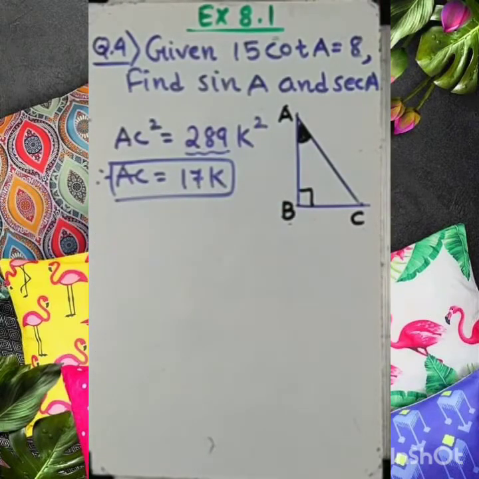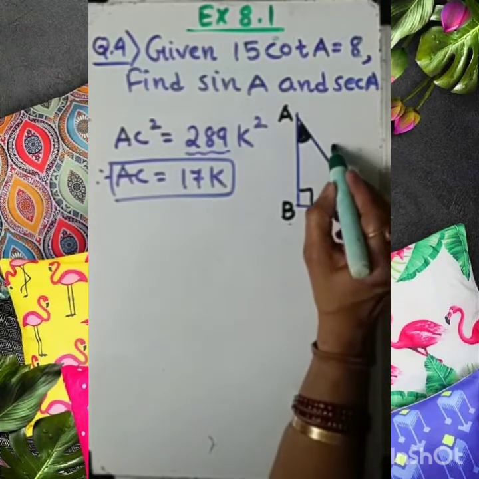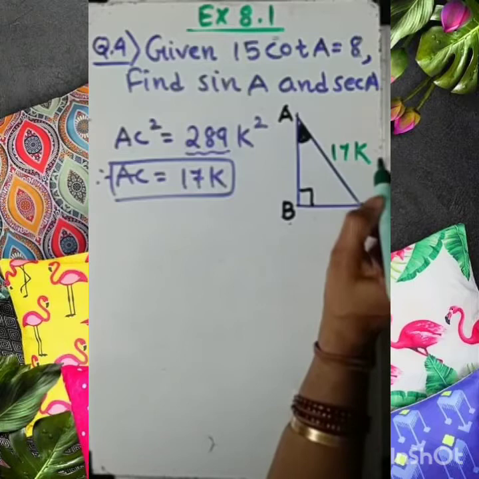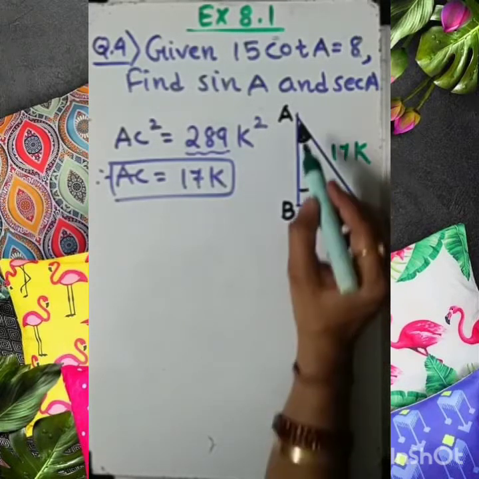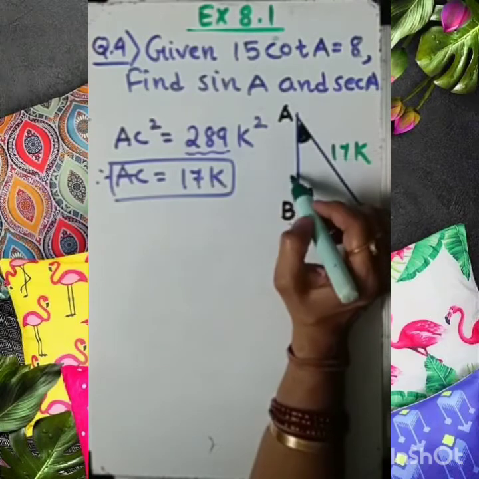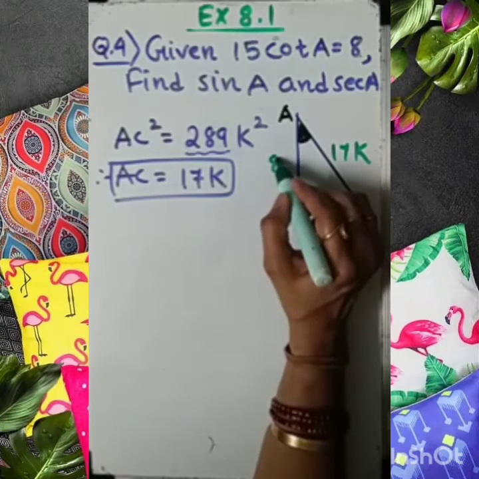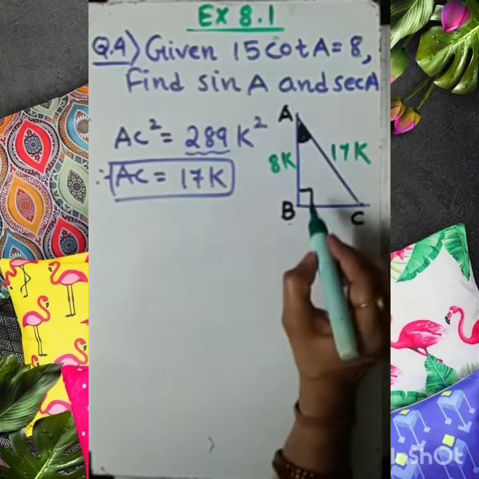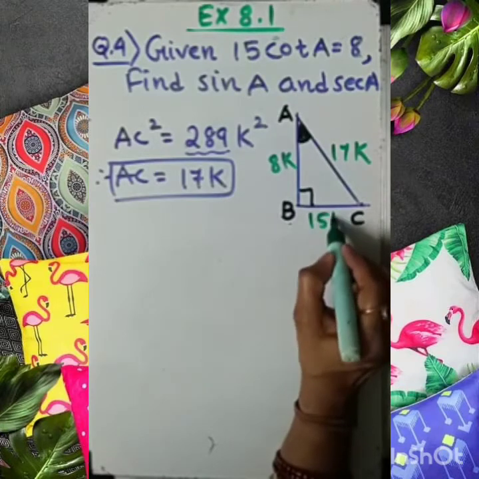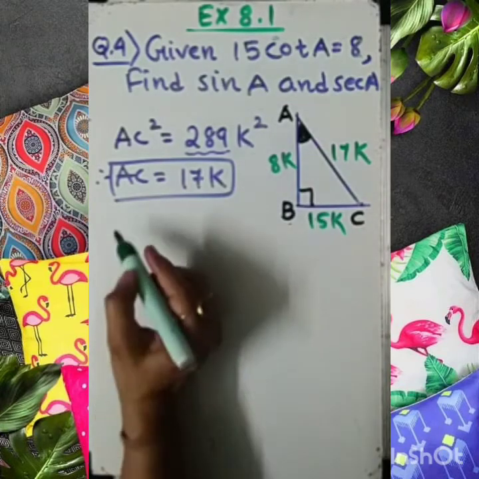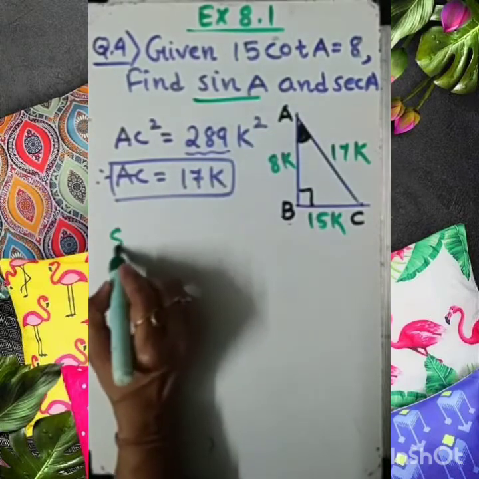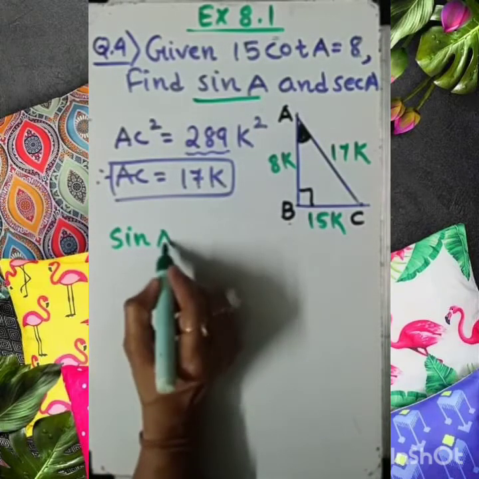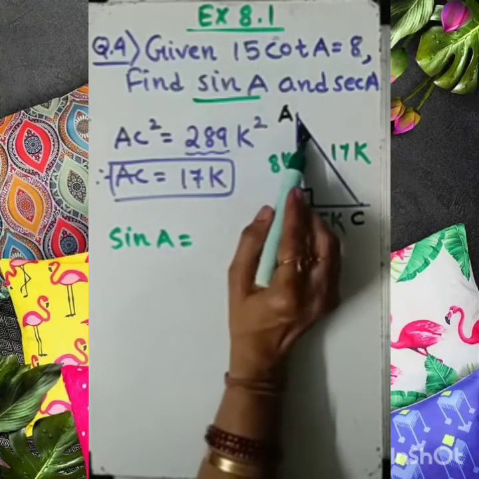Got it? So let me note down what we are given. This is our 17K. The value of AB was 8K, and the value of BC was 15K. So my dear student, let's find sin A now. Focus on sin A. You know very well angle A we are considering.